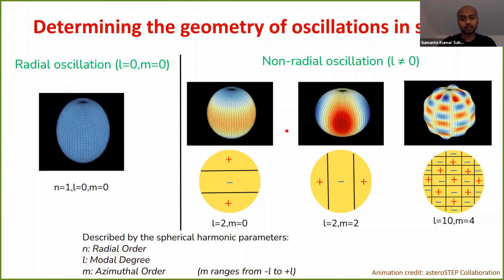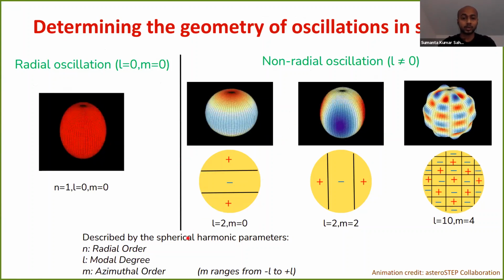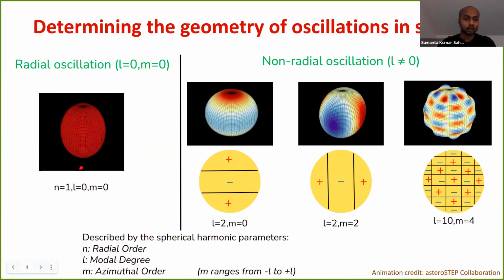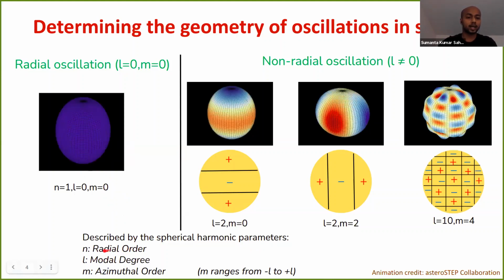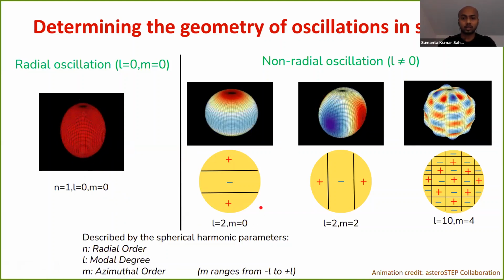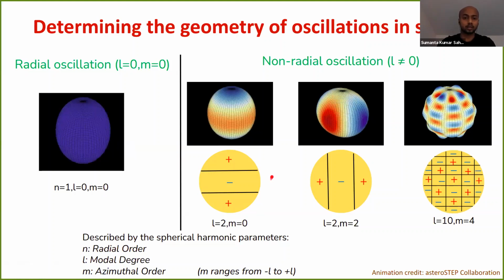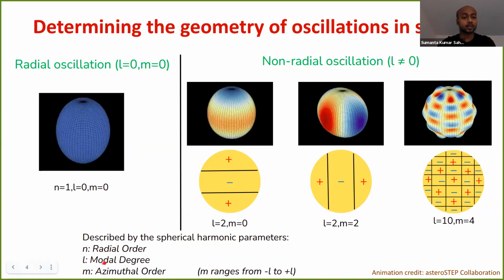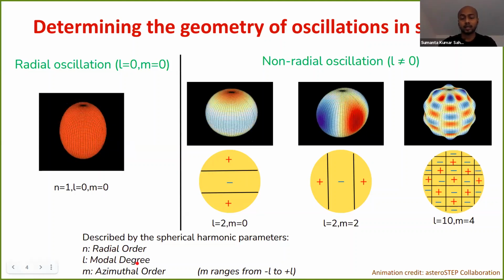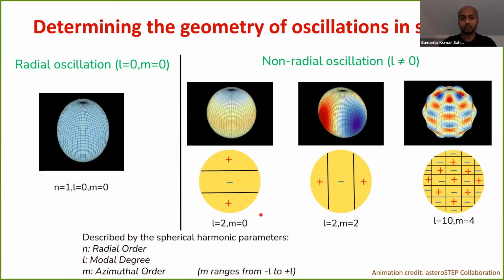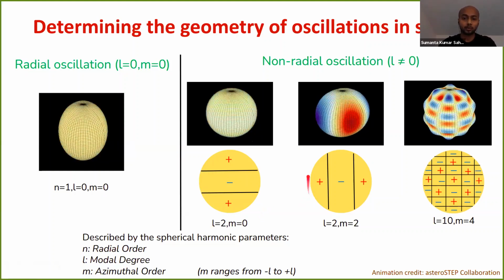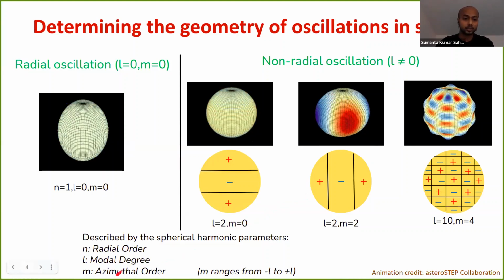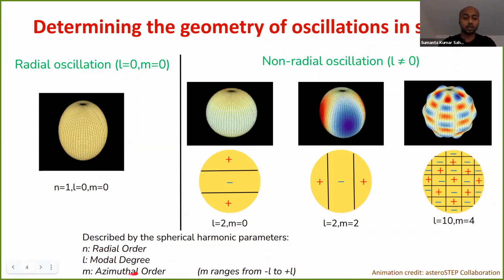To define these oscillations, we use the spherical harmonic parameters, where the radial oscillation is defined by the radial order n, while all other non-radial oscillations, like the oscillations on surface features, are defined by the modal degree L. And due to the rotation of the star, we get a further factor of modal degree in the azimuthal direction, and we define it as the azimuthal order.